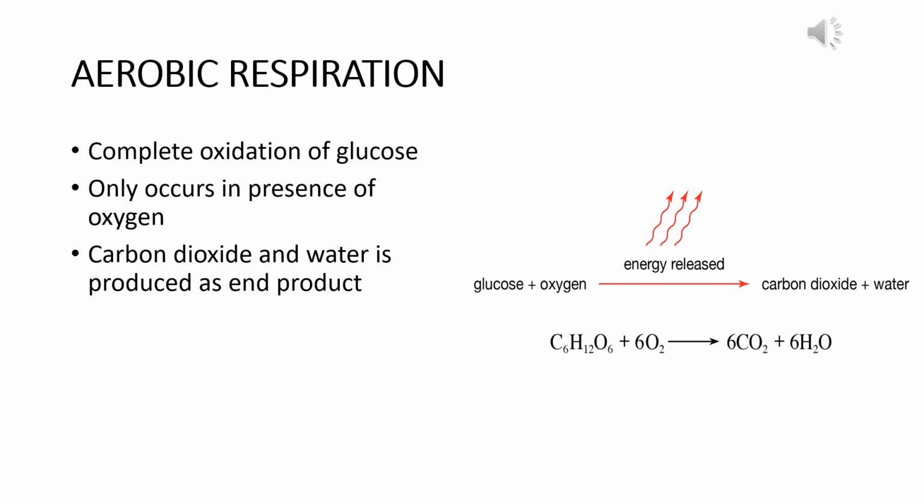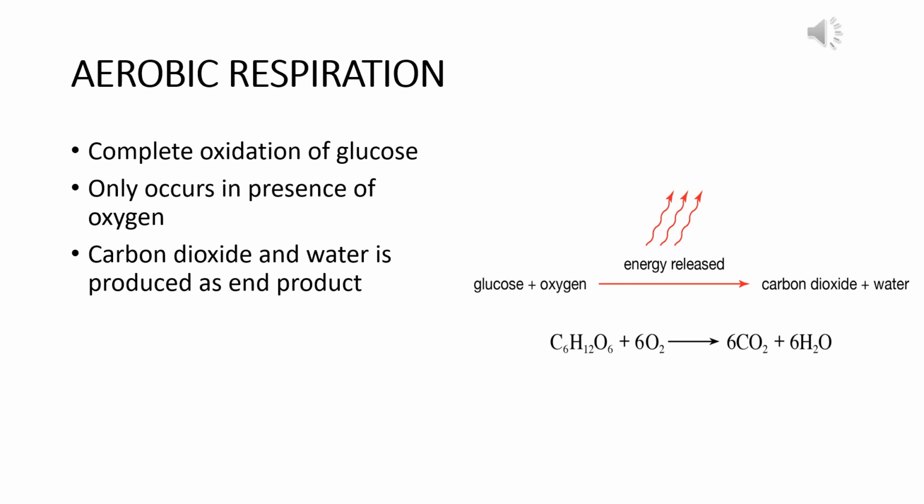And aerobic respiration means that the glucose is completely oxidized to produce carbon dioxide and water. So if we are representing it through a reaction, it is like this. Glucose is completely oxidized in the presence of oxygen. Energy is released in the form of either ATP or heat or both, into carbon dioxide and water.